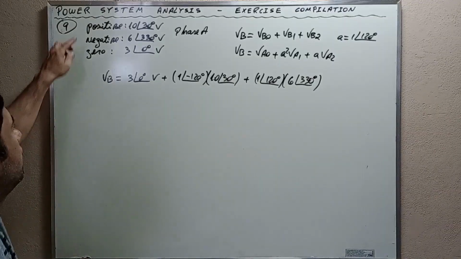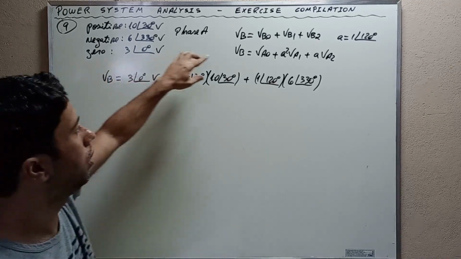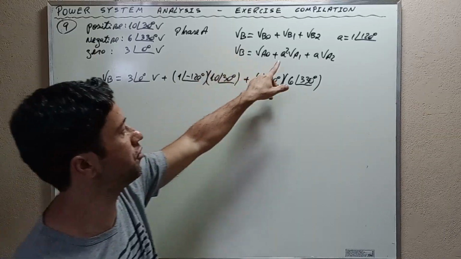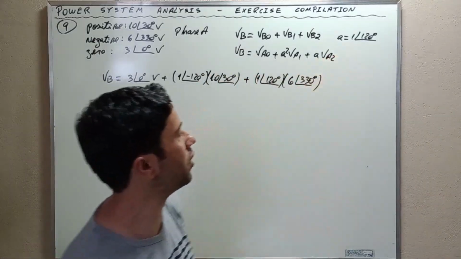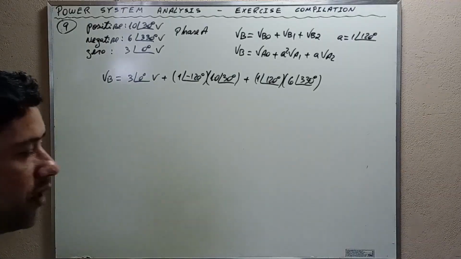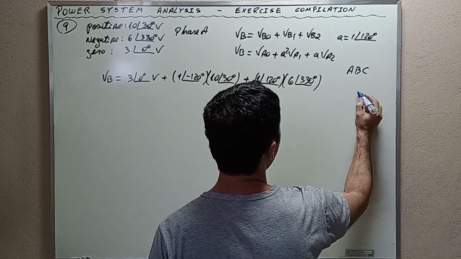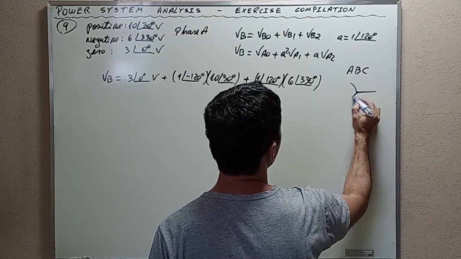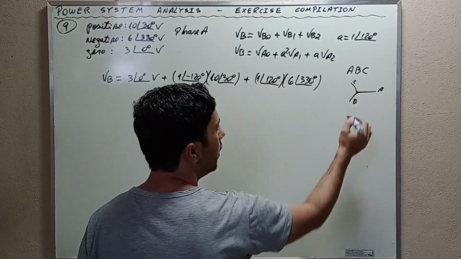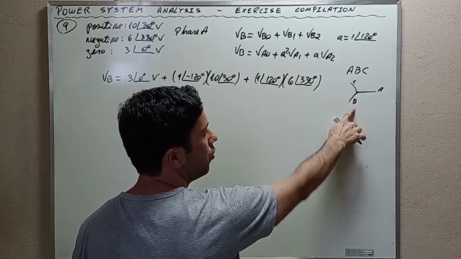We simply use the values for phase A to discover B. But there is this catch here using this operator, because we know that if the phase sequence is A, B, C, A, B, C, B is gonna lag A by 120 degrees, okay?